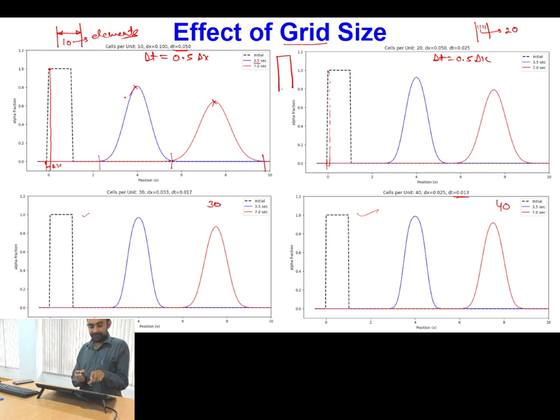On the contrary, if you compare this figure with the second figure at the same time instance, you observe that the peak in volume fraction for 20 divisions is larger and the dispersion is also a little bit less. Again, with reference to this, the peak is large and dispersion is less.